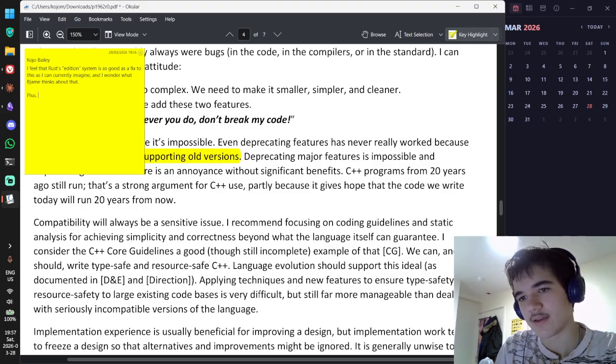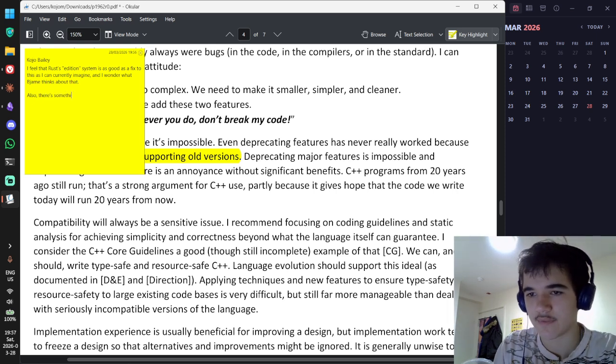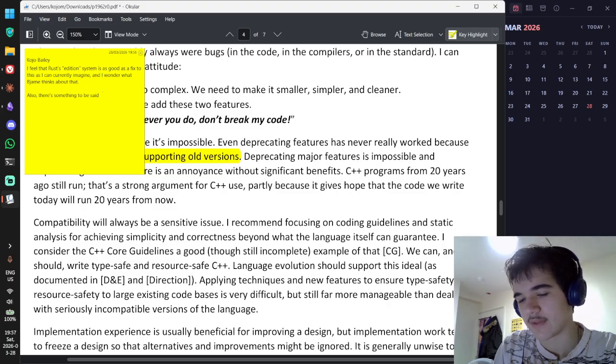Plus, there's something to be said, or there's an argument to be made, that we should embrace new languages as they come.